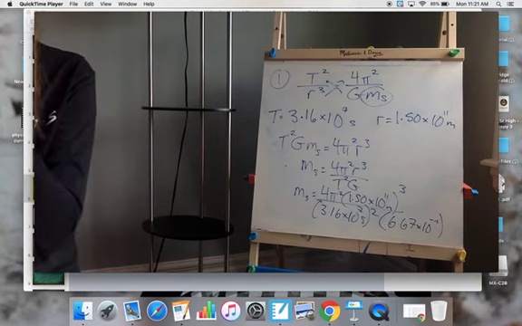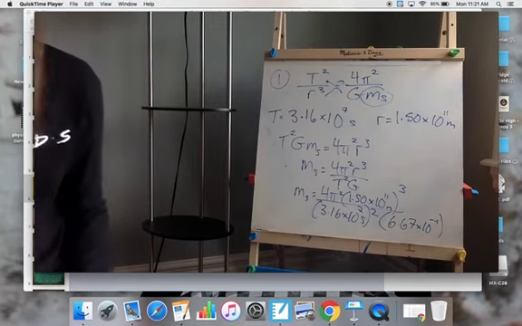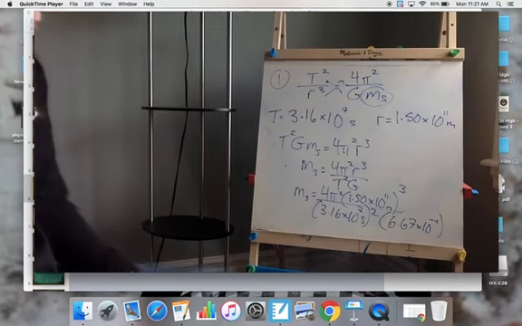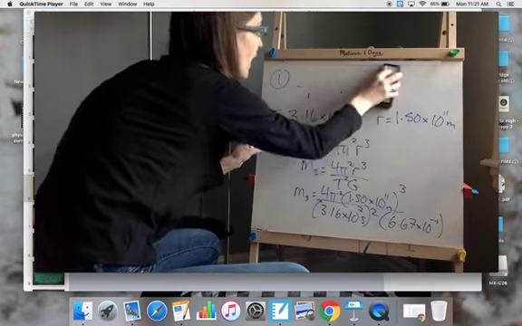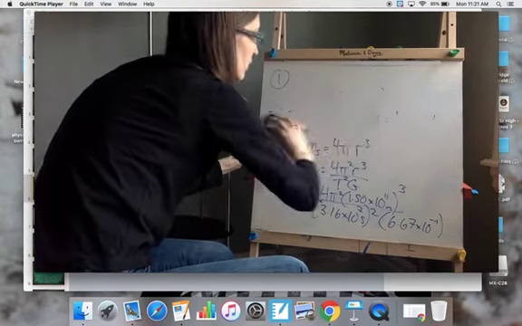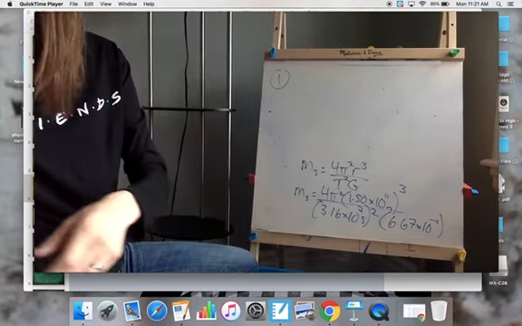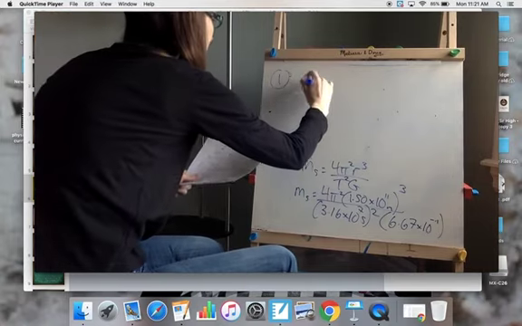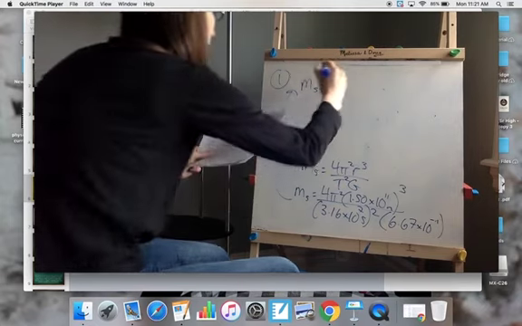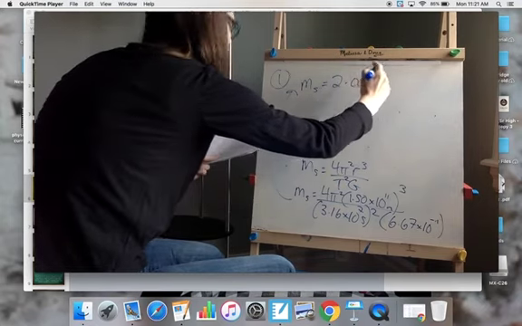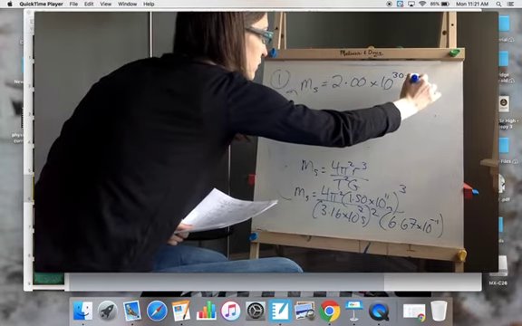I've done it out. The units all do cancel out appropriately. You can either believe me or try it yourself. Plugged into your calculator very carefully, write it down, you get that the mass of the sun ends up equaling 2.00 times 10 to the 30 kilograms.